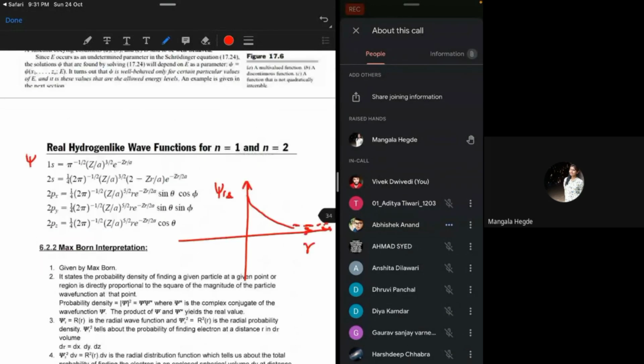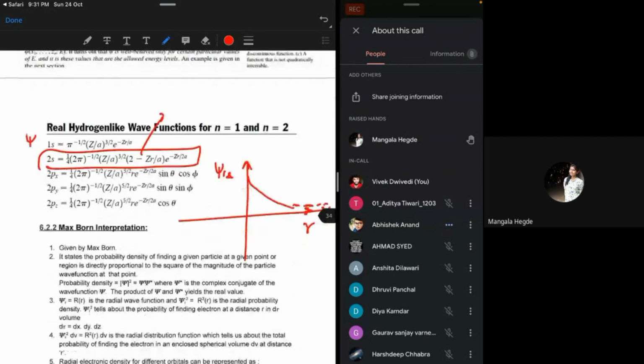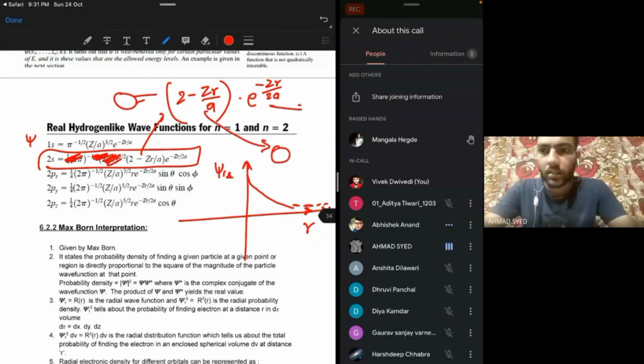Now for psi 2s, what do you have? This is constant, this is constant, this is constant. You have (2 minus Zr upon a) into e power minus Zr upon 2a. Can someone tell me what are the zero points? It will be 0 when this thing becomes 0, or this thing becomes 0, or both become 0, right?